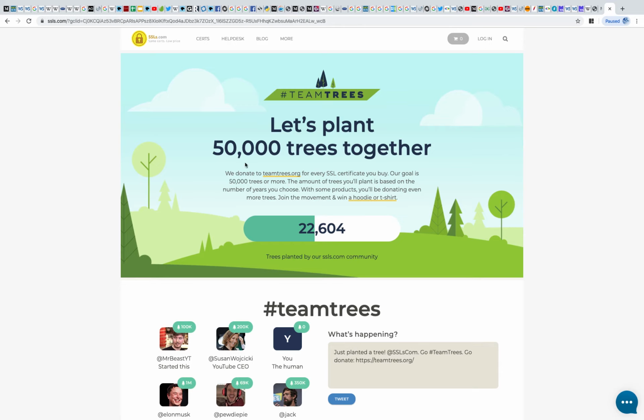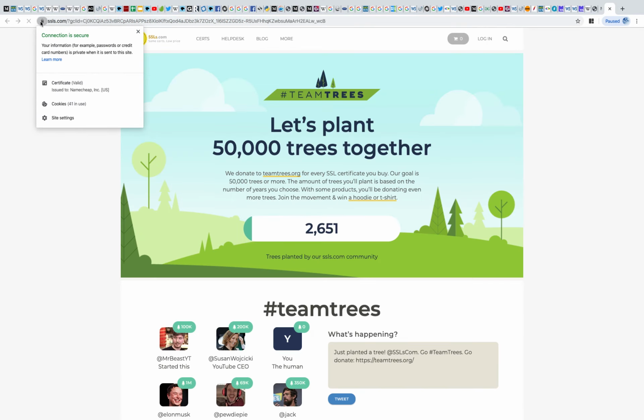What they're selling you is the fact that if I go to this little lock, it'll tell me who issued the certificate, and then that certificate issuer will know who I am.